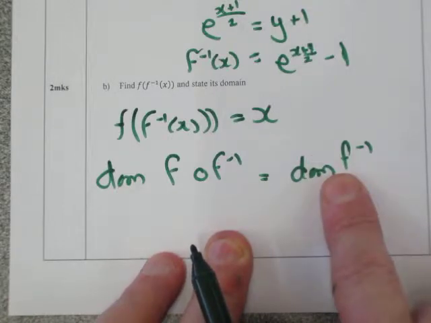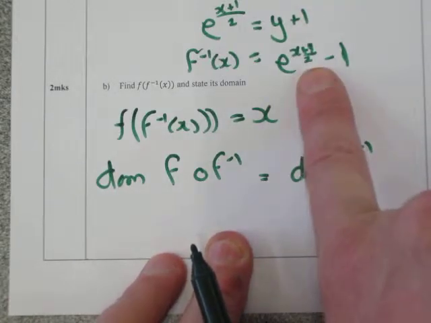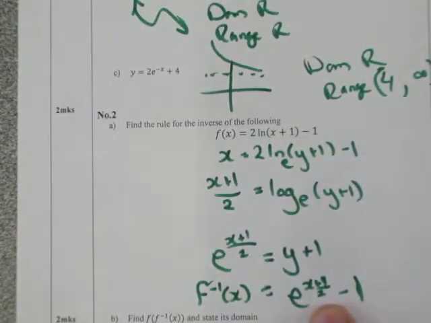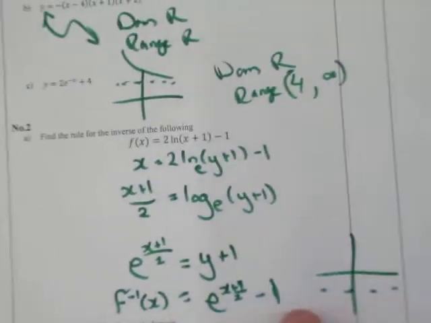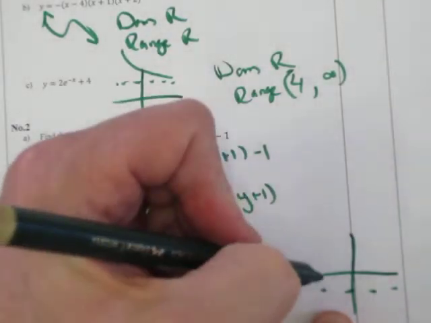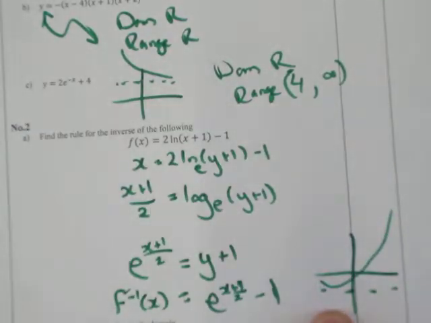And the domain of the inverse, well, we've got to go back up here, have a look at this function. If we quickly sketch that, you've got dilations, shifting left, right, who cares? The only thing that's important is it's not reflected in any sense. There's no negative at the front of x, and it's just pushed down by 1. So if it's pushed down by 1, you've got something looking like that. I don't care what it looks like.